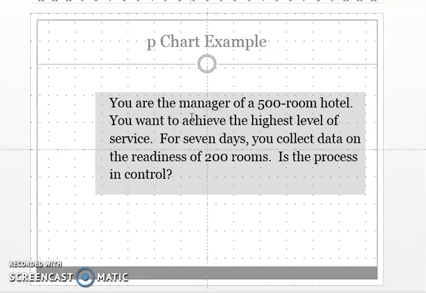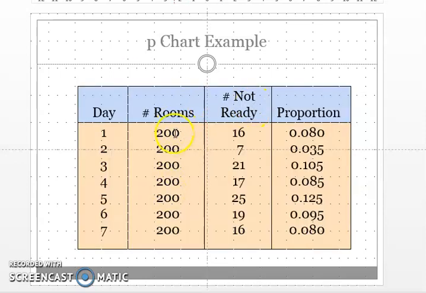The data collected by the manager is this: 200 rooms on the first day. He has identified that out of 200 rooms, 16 rooms are not ready.